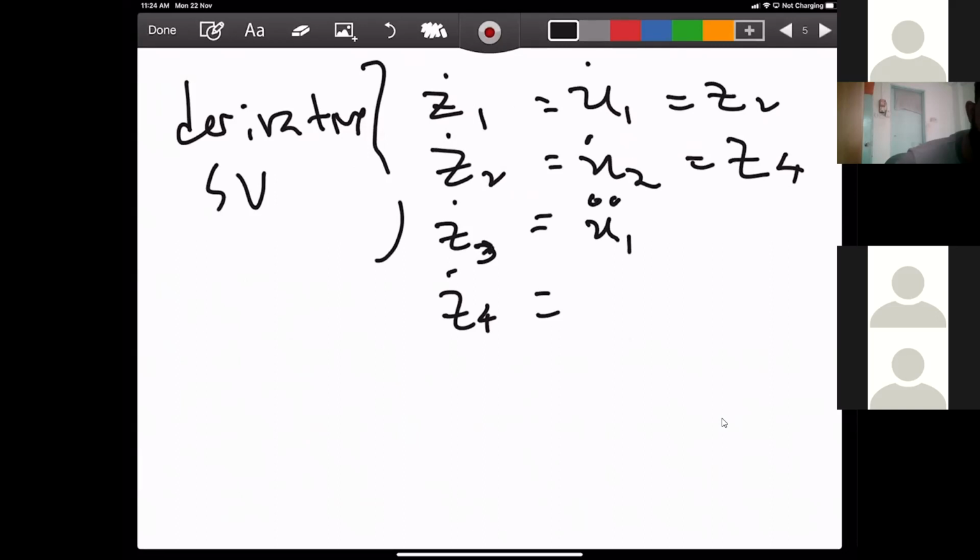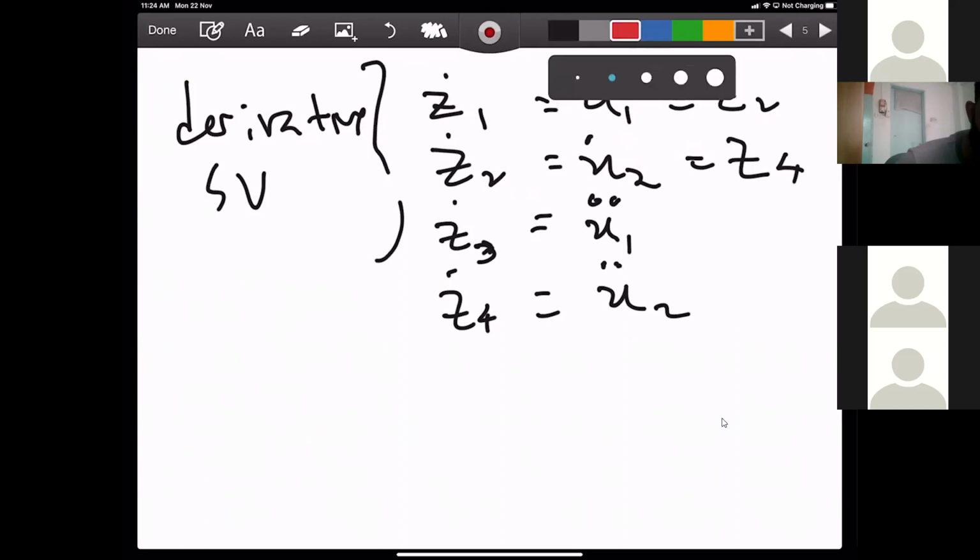So we already solved the first two state equations, z1 dot and z2 dot.